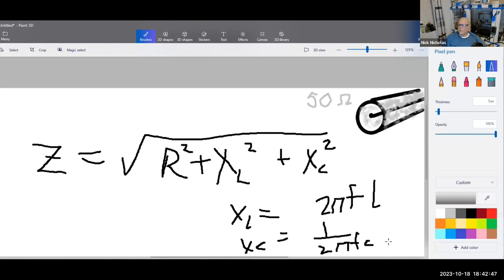The major factor in all of this is the reactance, the capacitive reactance and the inductive reactance. That's because the wire by itself is always going to be an inductor of some degree. And the distance between the shield and the center conductor acts just like a capacitor.